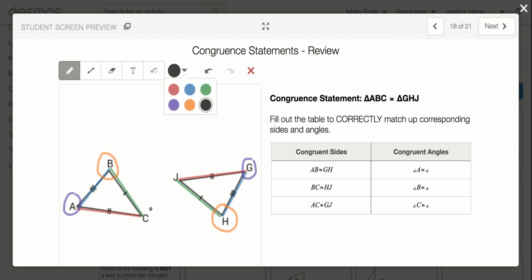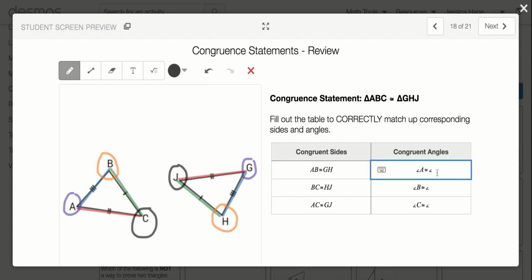And then we'll just do C and J. Sometimes matching up the angles helps you to do your sides. So A and G go together. Make sure those are in the same order, which they are. B and H go together, and those are in the same order, H was first, B was first, H is last, B is last, and C and J. So those are matching up.